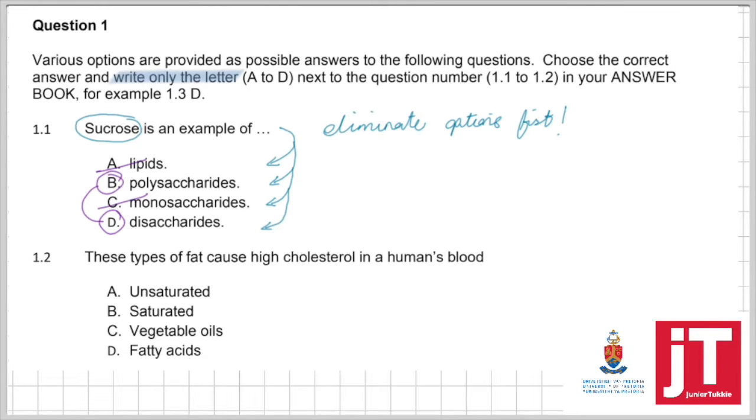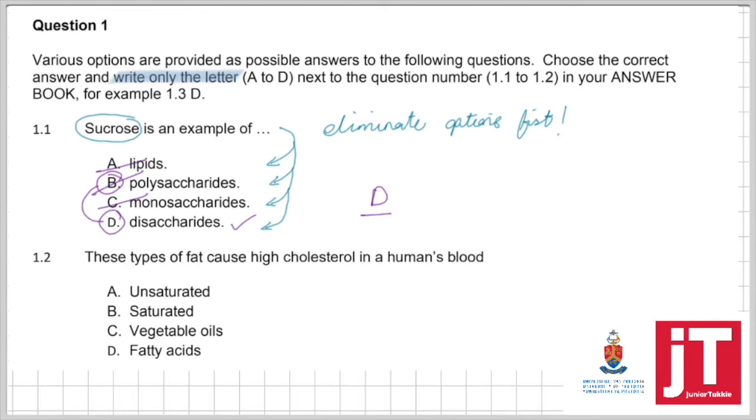So thinking about that, we can identify disaccharide as being the correct answer, because a polysaccharide is many monomers joined together chemically. So the answer here would be D. And we got to the answer D by firstly eliminating the options that we can exclude. That way we increase our chances of getting the multiple choice questions correct.